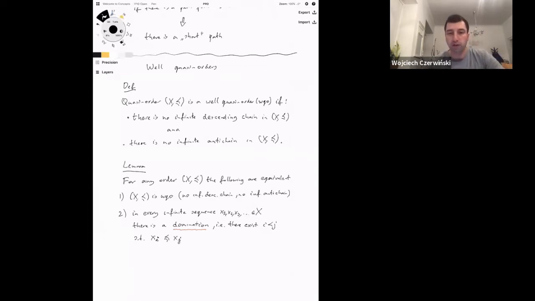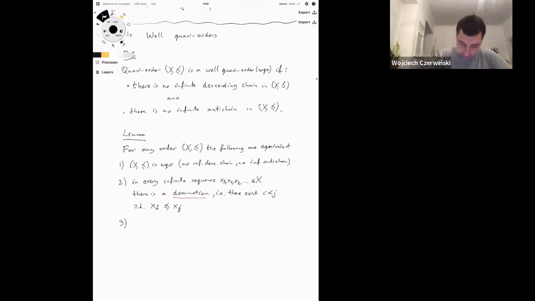So the element which is farther is bigger than the element which is previous to this element.